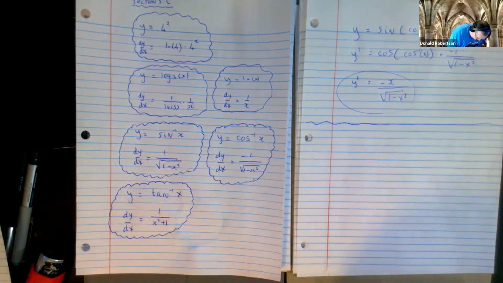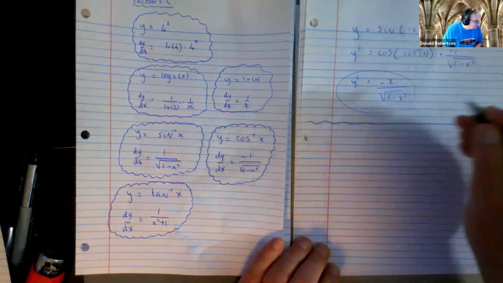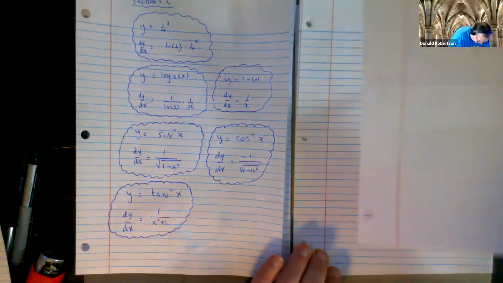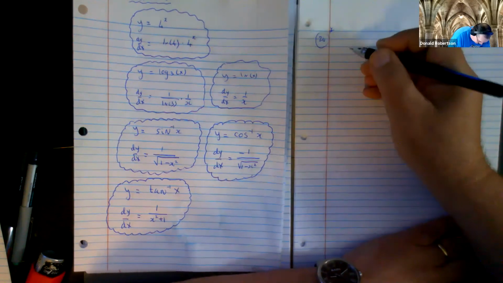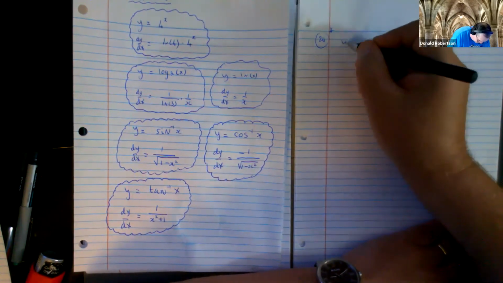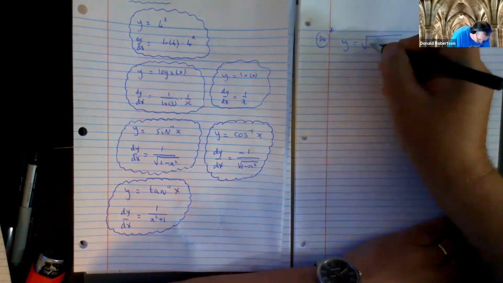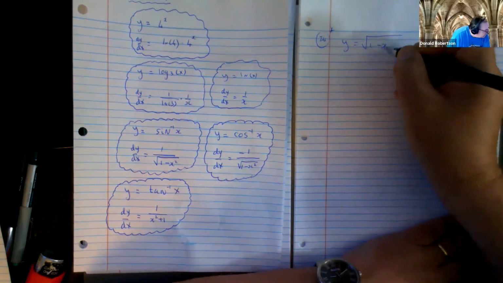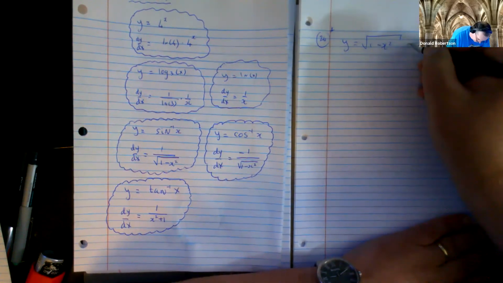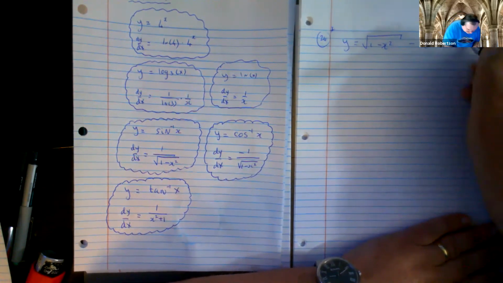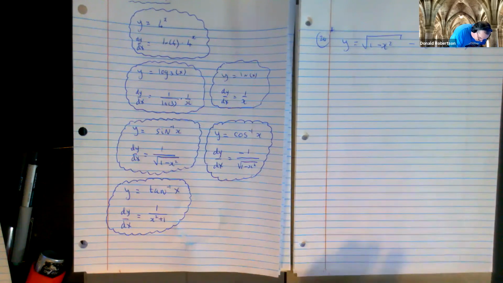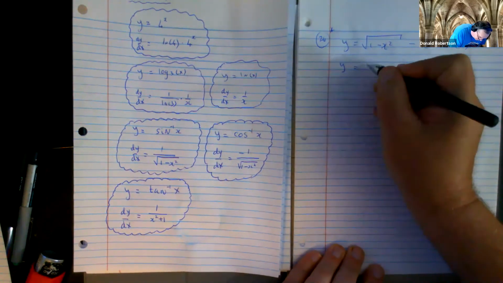This one's cool. This is question 24, or at least it's like it. You've got a function, the square root of 1 minus x squared, take away x times the inverse cosine of x. Now I'm going to rewrite this as 1 minus x squared to the half.